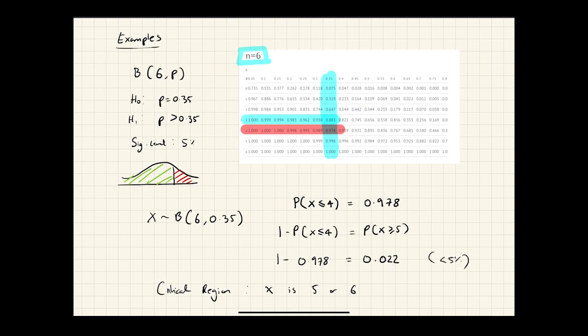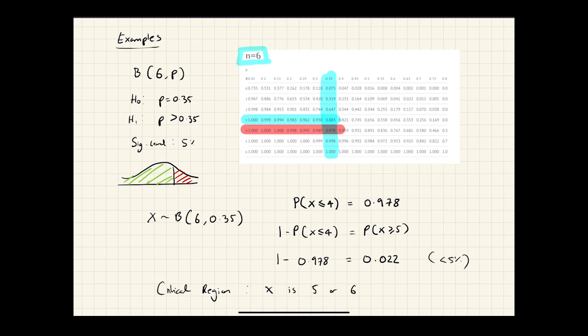So just to step over that again. They gave us the details in the question. We can therefore make this part here: x is binomially distributed, with parameters 6 and 0.35, and the 0.35 we got from over here, the null hypothesis. We assume that's true.